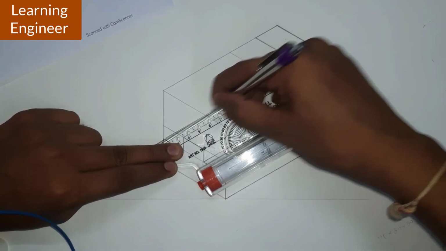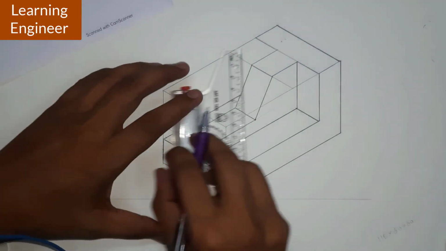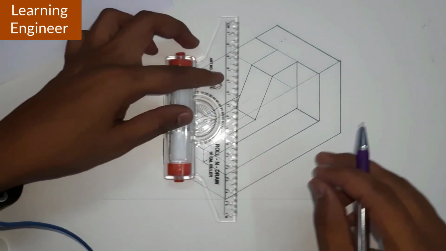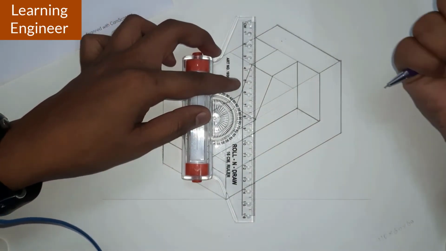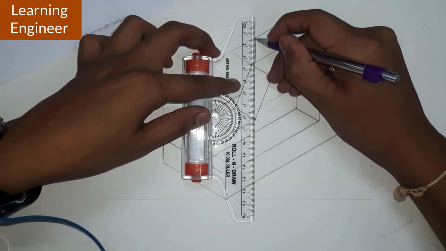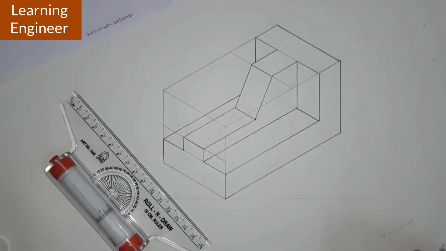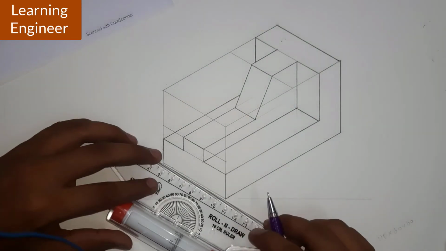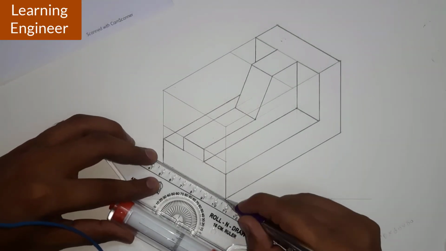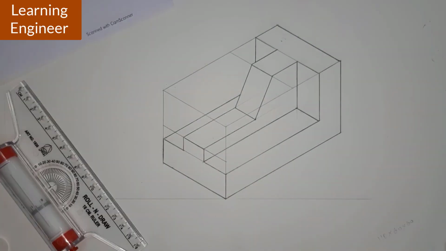You can see like this particular line I am talking about, and you have to draw a vertical line passing through this particular point. So this is how we have completed with the object. This is remaining to be darkened, so let us dark this particular line. Now the object is clearly visible.